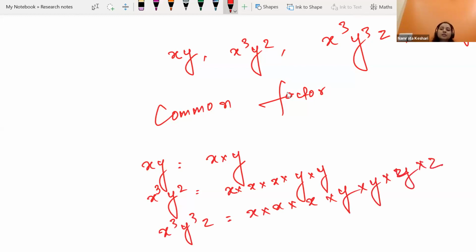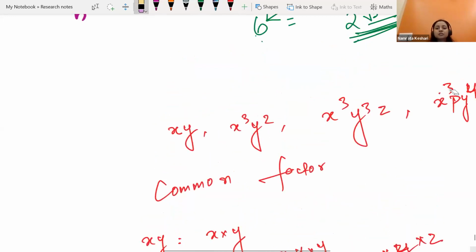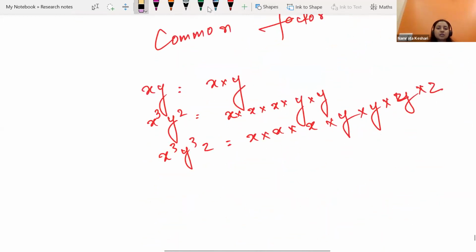And the other one was x cube p y square. Let me give a smaller one, this xpy.